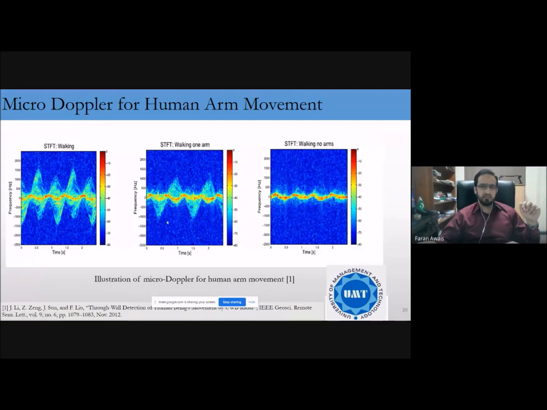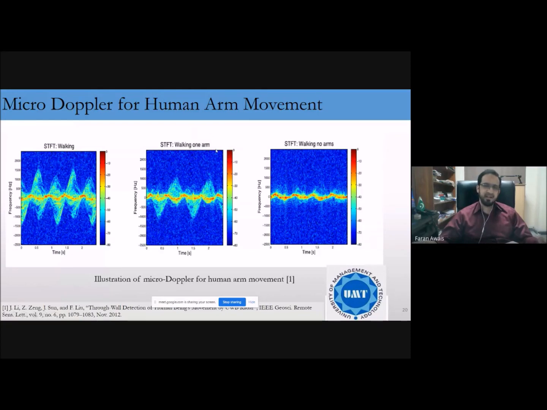Now, in the middle, you can see the STFT plot of a human that is walking with one arm. You can see there is this sort of clipping of waves over here, right? In that, the waveform shows it going on both sides, centered at the corresponding Doppler frequency, whereas the peaks are clipped because only one arm is moving.